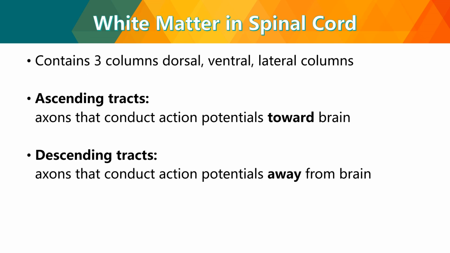The white matter contains 3 columns: the dorsal, ventral, and lateral columns. You can see there the ascending tracts, where the axons conduct action potentials towards the brain, and the descending tracts, where the axons conduct action potentials away from the brain.